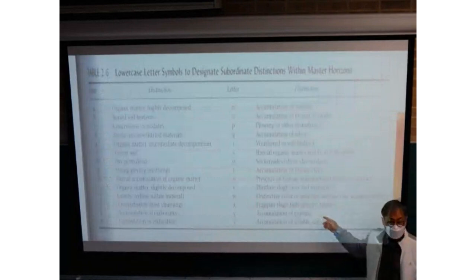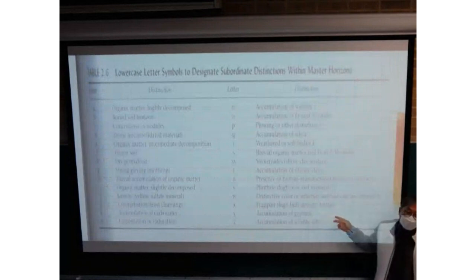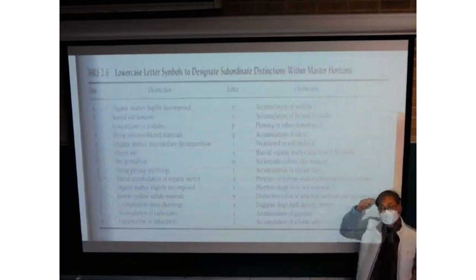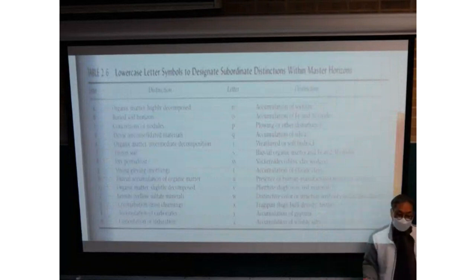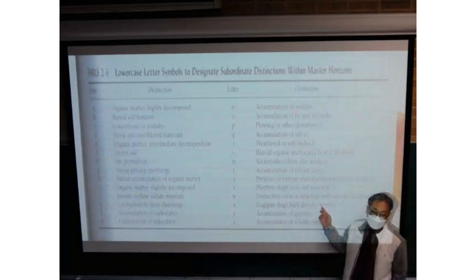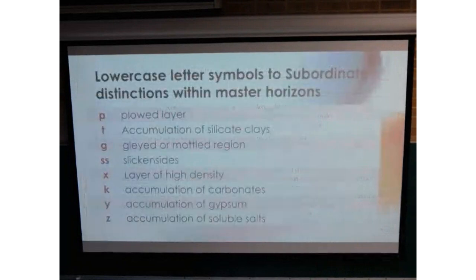You are able to find a photo or electronic version of this table. If you cannot, I will also try to prepare a hard copy for you. Please give me some time, then I'm going to prepare that. But at least you need to remember this one.